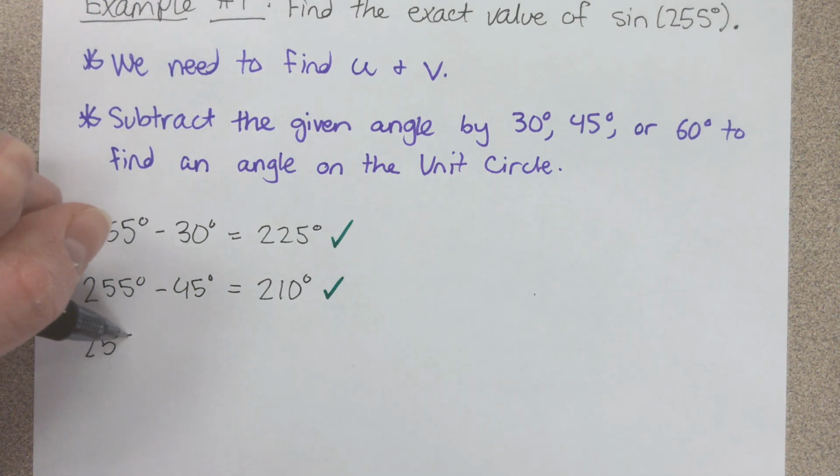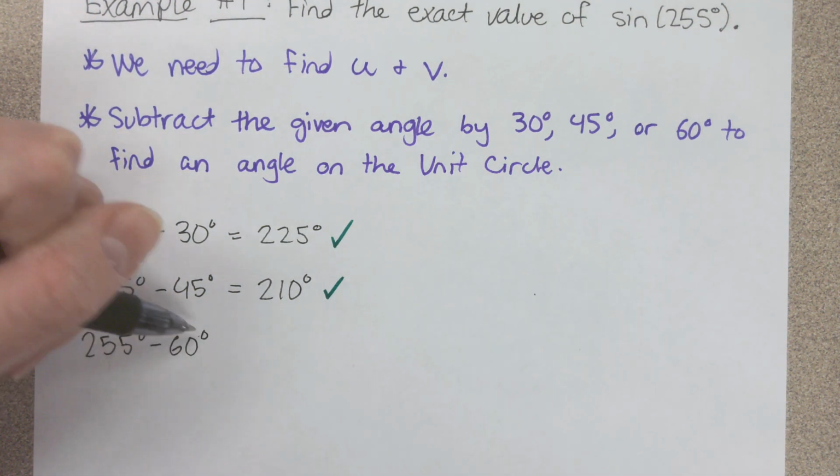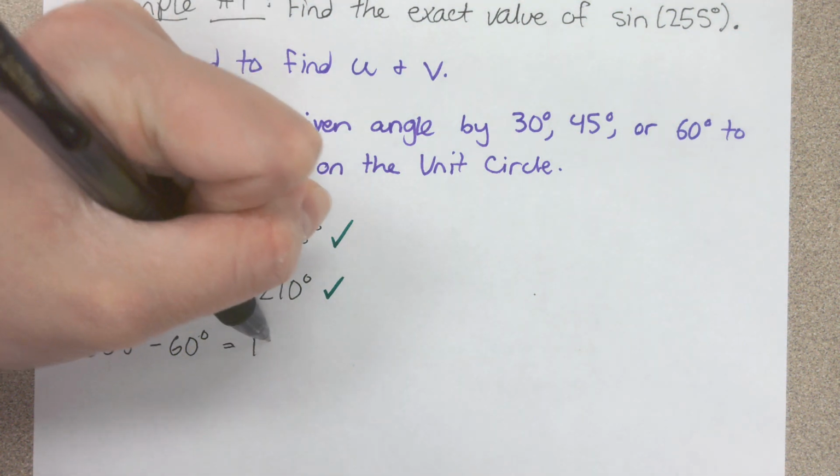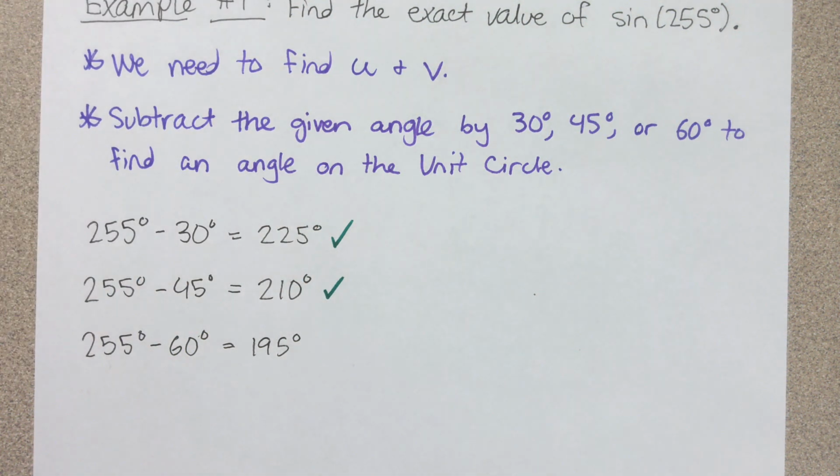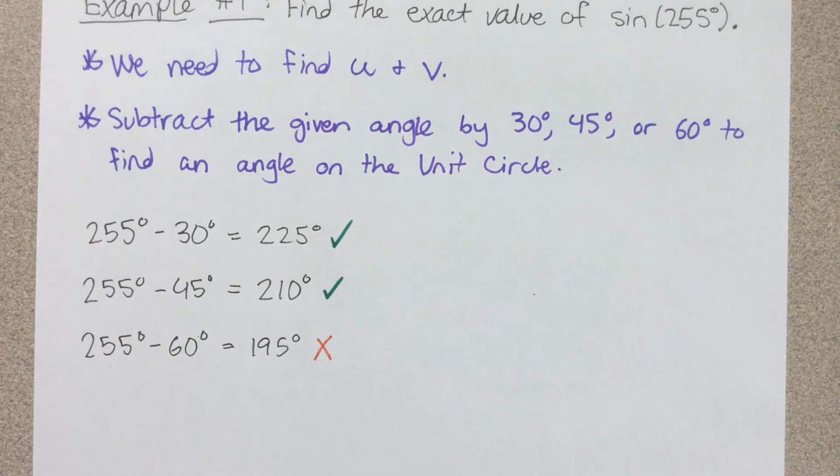And lastly, 255 minus 60, that's 195 degrees. 195 is not on the unit circle, so we wouldn't be able to use that angle pairing.